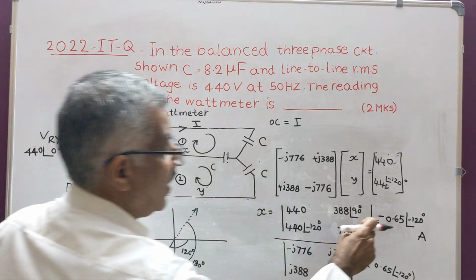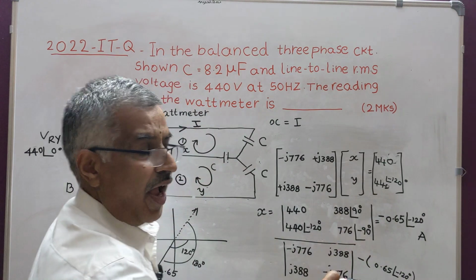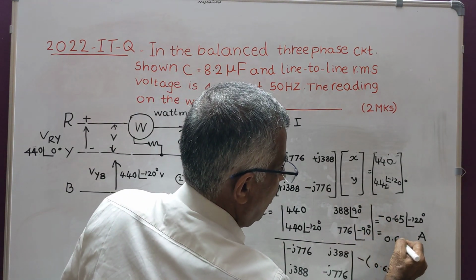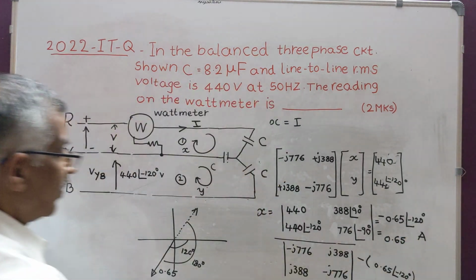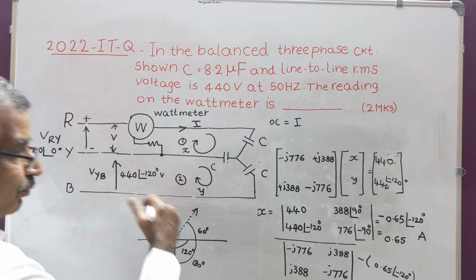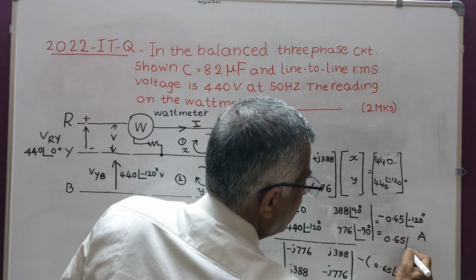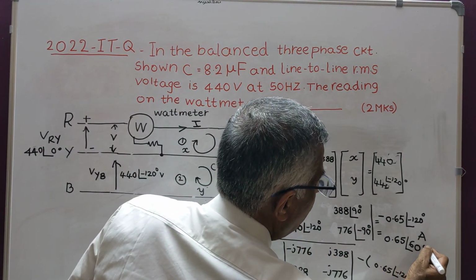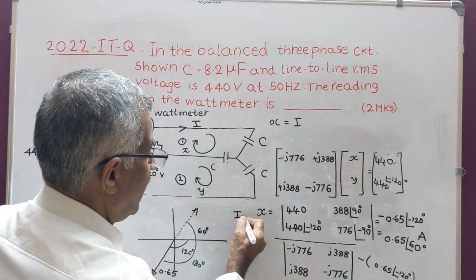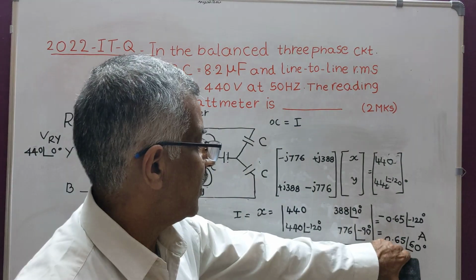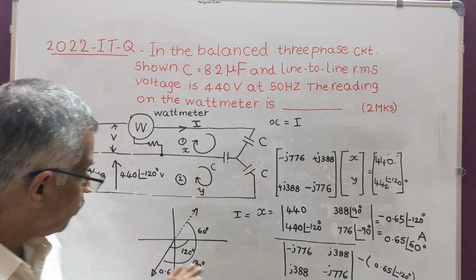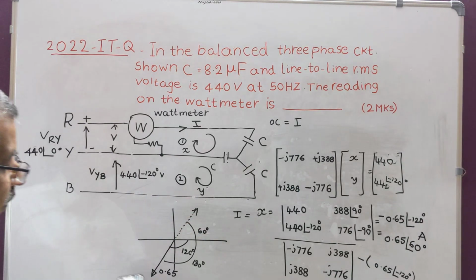Therefore, minus 0.65 angle minus 120 degrees is equivalent to 0.65 angle 60 degrees, because 60 degrees is measured in the anti-clockwise direction. Therefore, current x, which is the same as I, is equal to 0.65 angle 60 degrees. Okay, I hope that the students have understood this part.